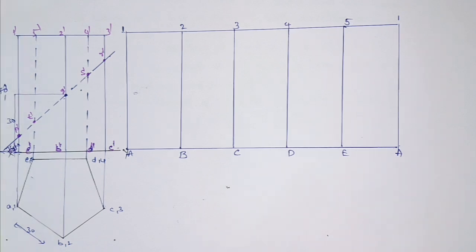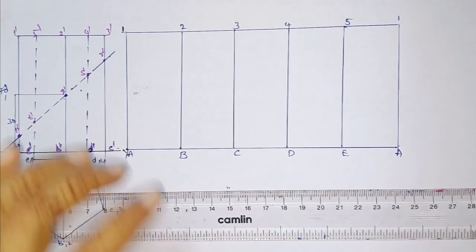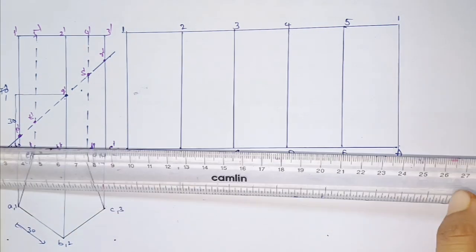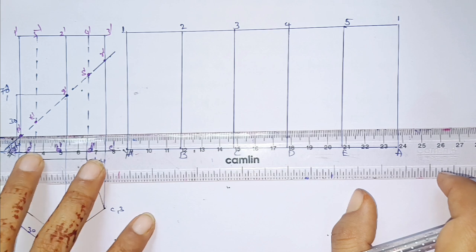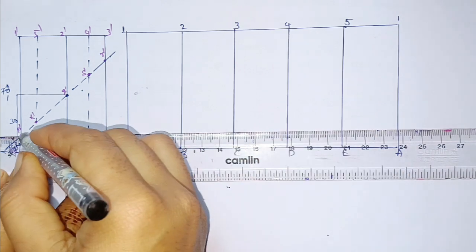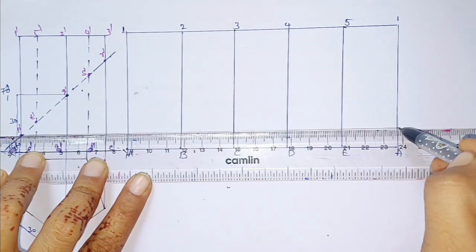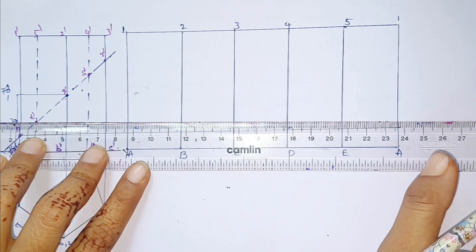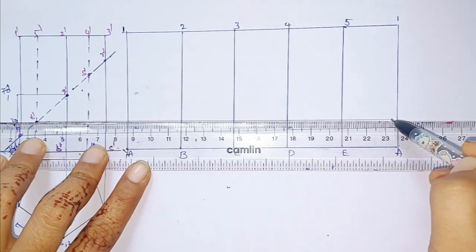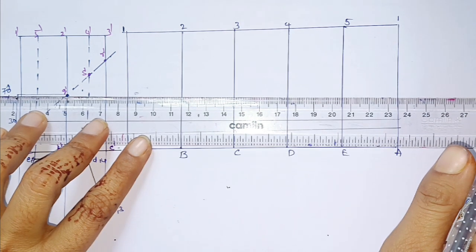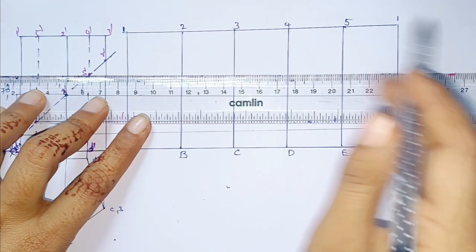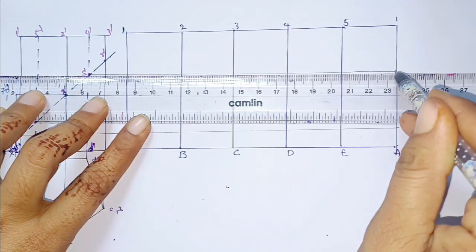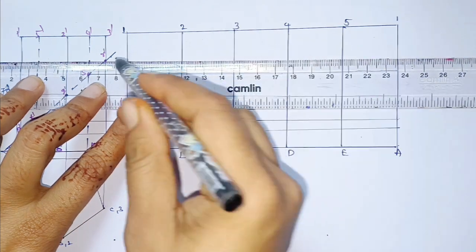And next you have to draw the horizontal lines from P prime. Horizontal lines, similarly T prime, and similarly Q prime, and similarly S prime, similarly R prime.